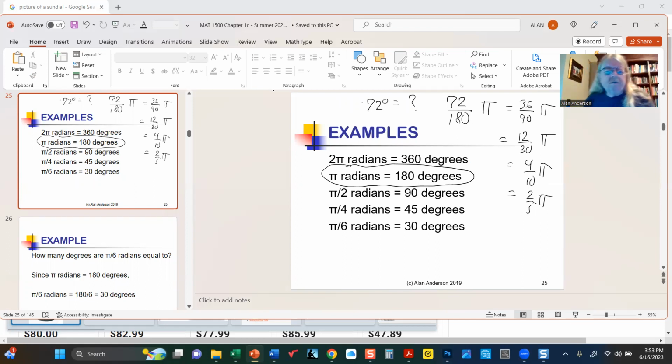Okay, so that implies, actually we can divide out both sides by pi.